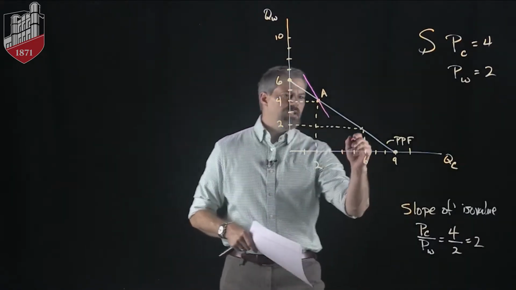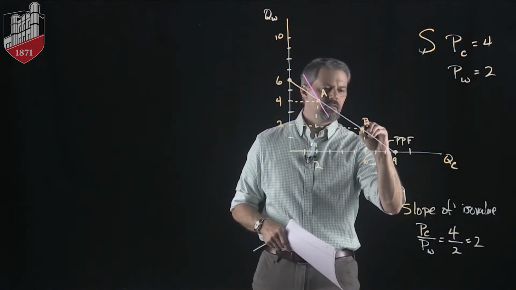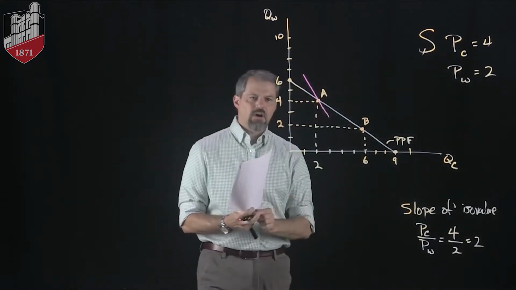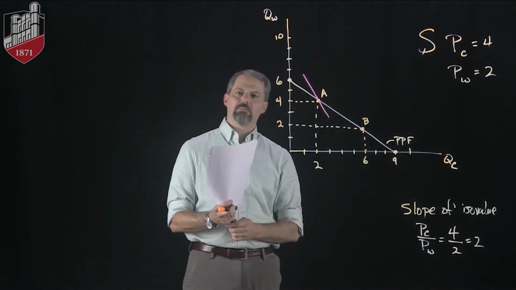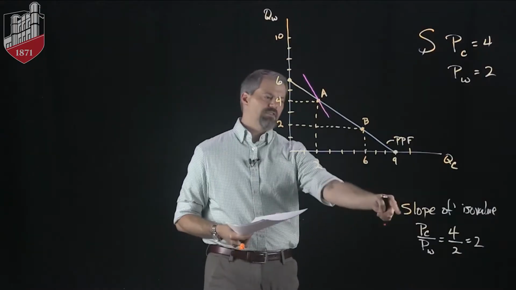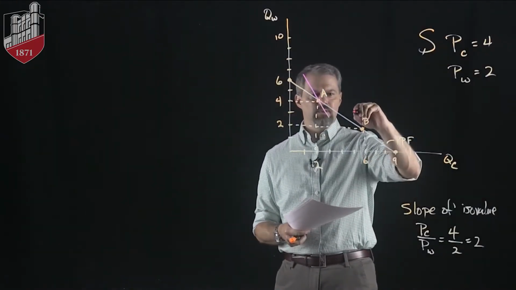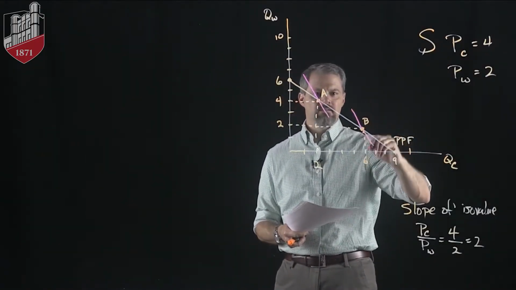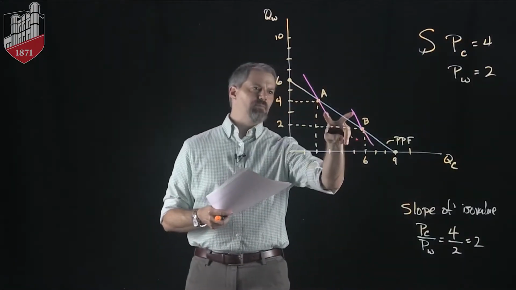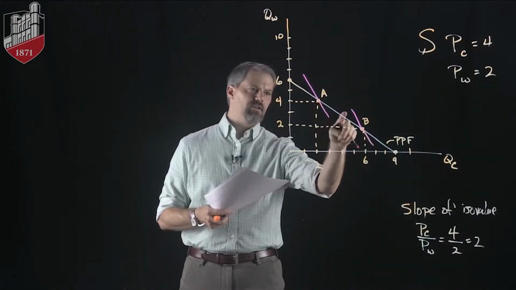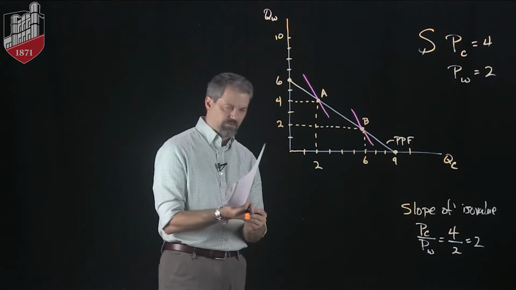Let's call that point B. If we were to draw the ISO value line through point B, it would also have a slope of 2 or -2. It would look something like this. So these two segments right here are going to be parallel to each other, both with a slope of -2.